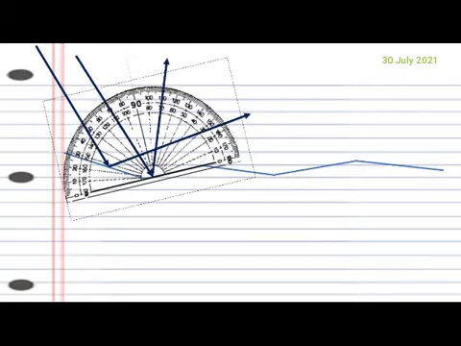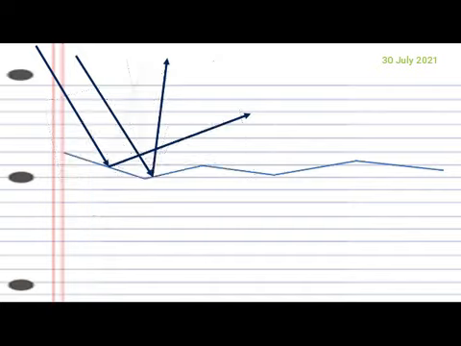Now look at this. In this diagram, what has happened is these two incident rays have come parallel, but the reflected rays are not parallel. What is the reason? The reason is these planes.